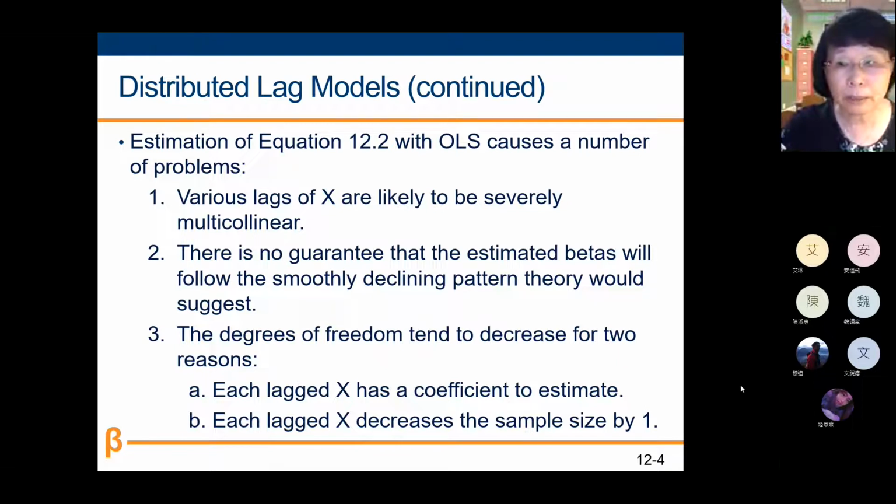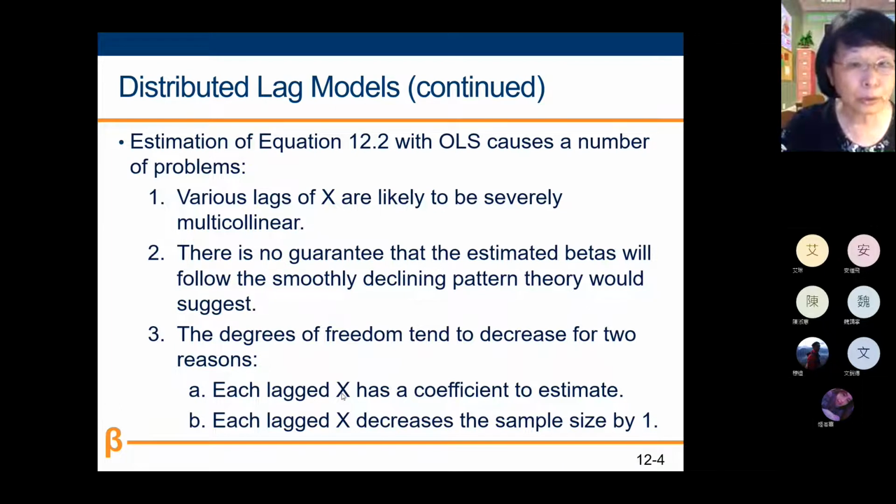The first one is, if the lag of x increases, then there are more coefficients to be estimated. The second one is, if we do have lagged x, it will decrease the sample size by 1. One lag, and the sample size will decrease by 1.